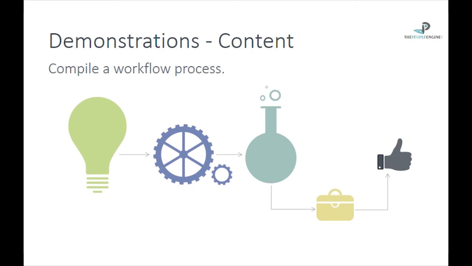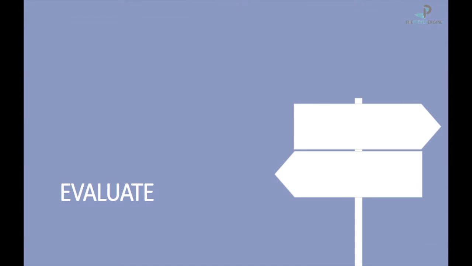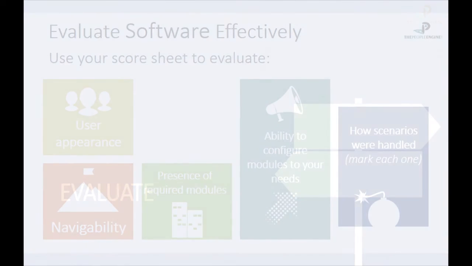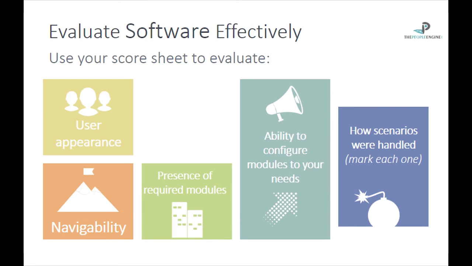And now possibly the point that we really need to know is, how are we going to evaluate what we've seen? We need to think about these factors: user appearance and also navigability. Those are the two things that really drive home to people who have to use the system on a fairly regular basis. These need to draw a score.